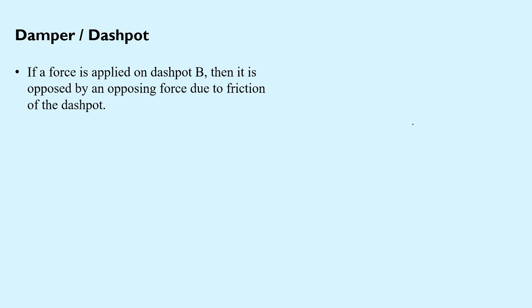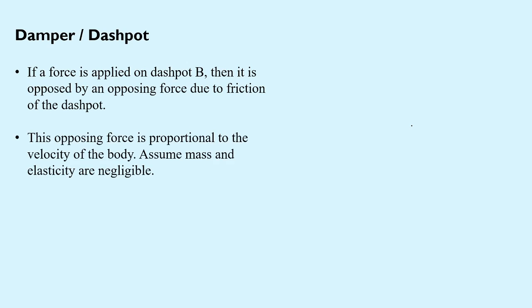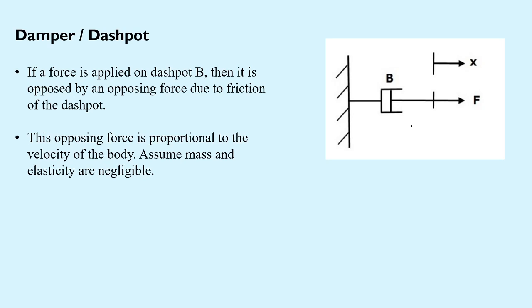Now, the damper or dashpot. If force F is applied to a dashpot, then it is opposed by the force due to the friction, and this force is directly proportional to the velocity. By using the law of proportionality, F is directly proportional to v, and this F equal to f dx by dt.